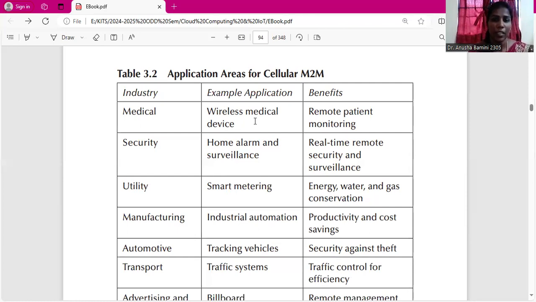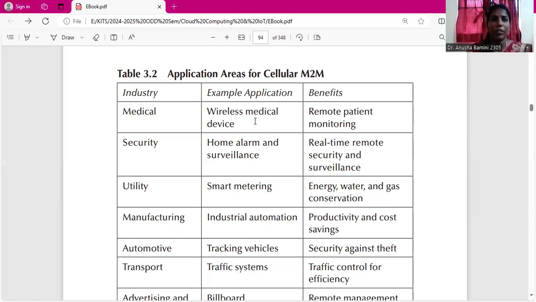Then utility. Utility means energy, water, and gas conservation. In the agriculture field, we can use smart IoT in water pouring systems. Then energy monitoring or energy metering, or EB monitoring, can tell you how much electricity is used, and how we can minimize the usage of electricity or energy using smart IoT devices.